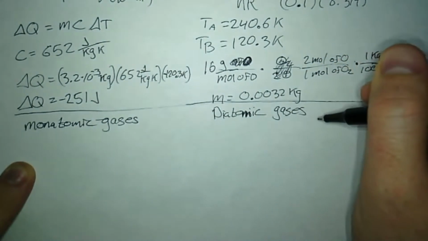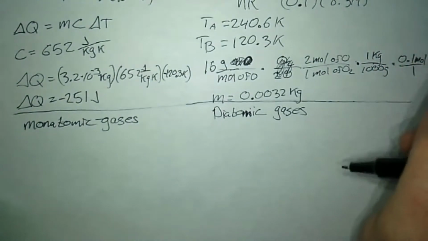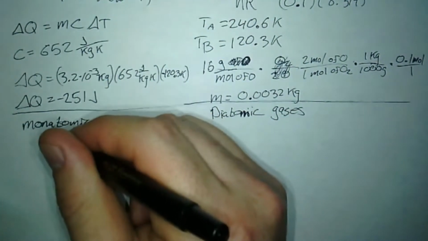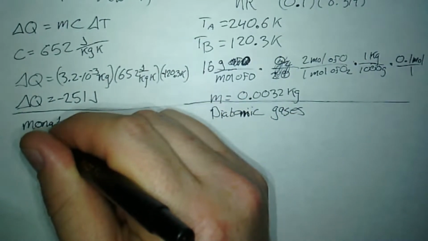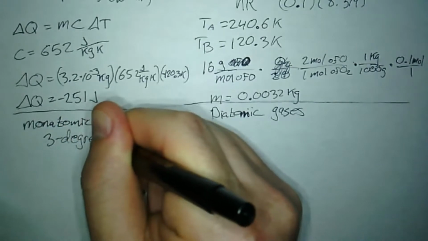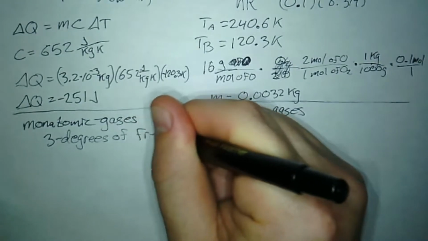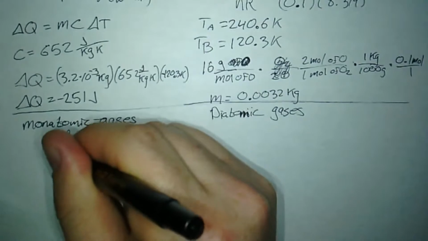So most gases are really diatomic gases, but a lot of times they like to ask you questions about monatomic gases because it makes it a little bit easier, I think. Monatomic gases are just a ball. So they have three ways they can move, or 3 degrees of freedom, because it can go up, down, left, right, basically.